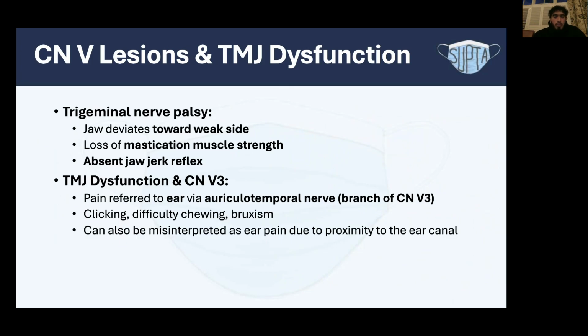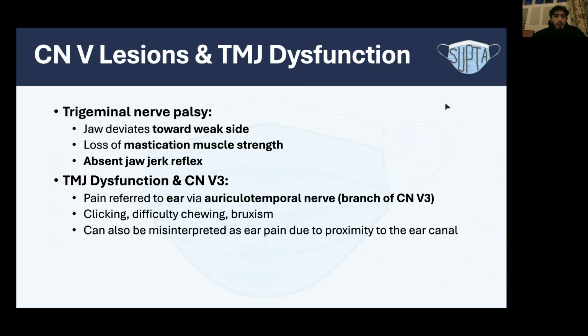If you remember earlier, we said that this innervates partially the eardrum, and so if we have inflammation or something wrong with the TMJ, the pain travels along that pathway, and it can be misinterpreted as pain there. That's one reason. The other reason is the TMJ is very close to the ear canal, and so just by the nature of it being so close to the ear canal, it can again be misdiagnosed as otalgia.